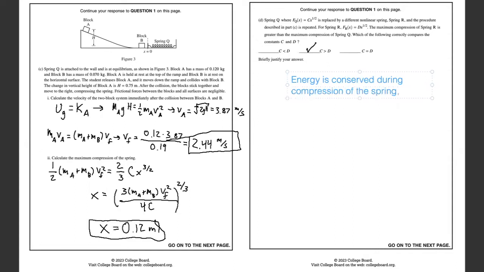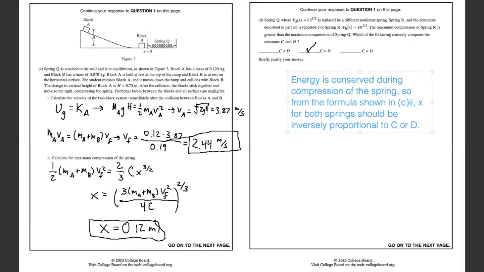Right, we used that in our previous part. So from the formula shown in C part 2, we know that x for both springs should be inversely proportional to C or D, right?